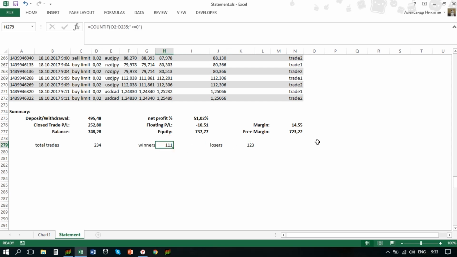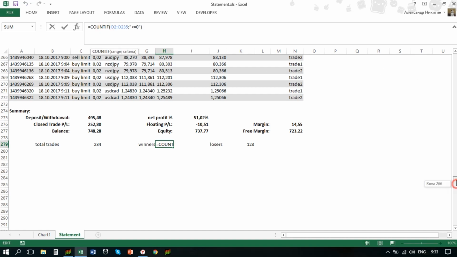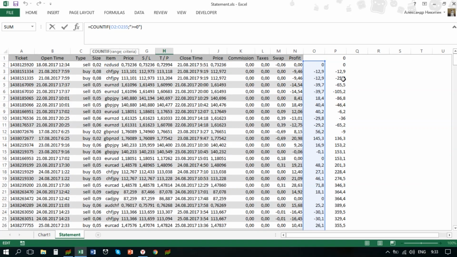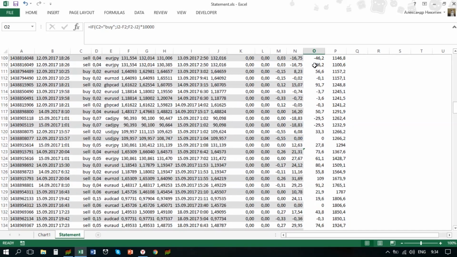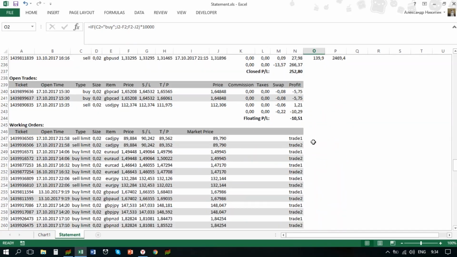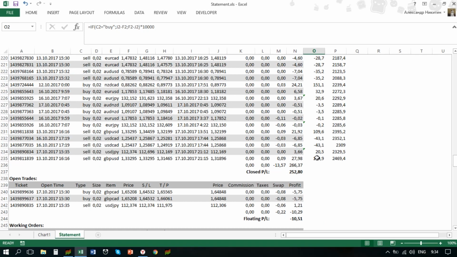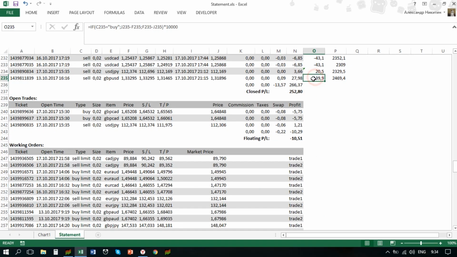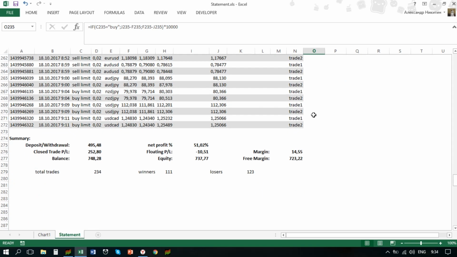Okay, let me COUNTIF more than or equal to 0. It should be the opposite, by the way. Okay, let me go here. It's not the exact number, it's not correct.